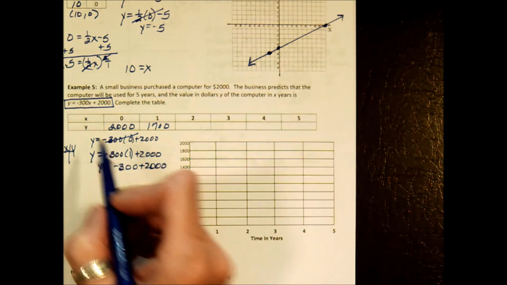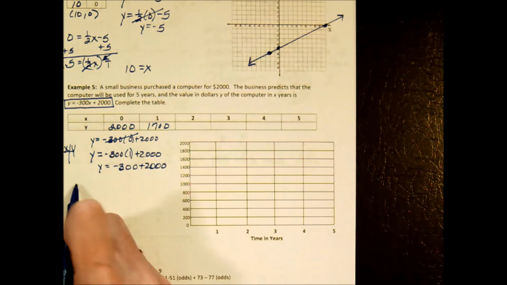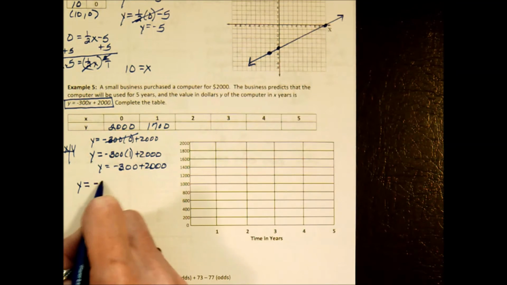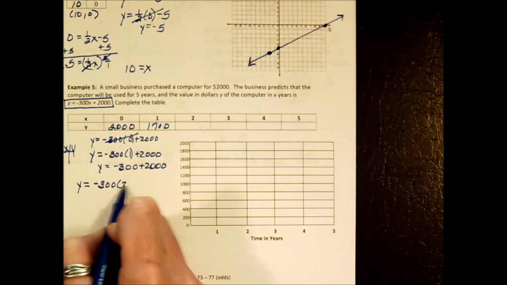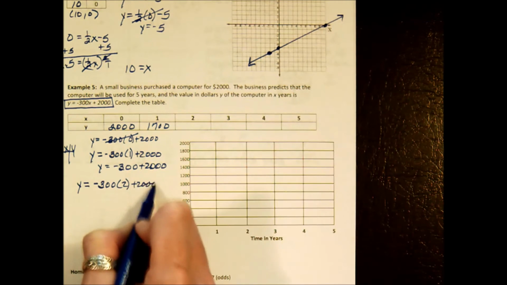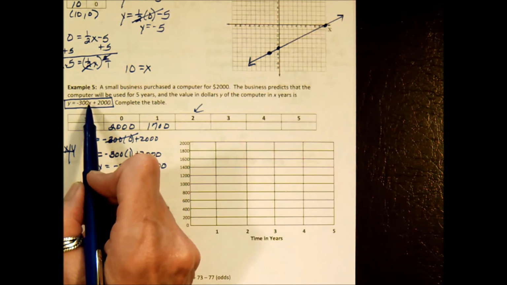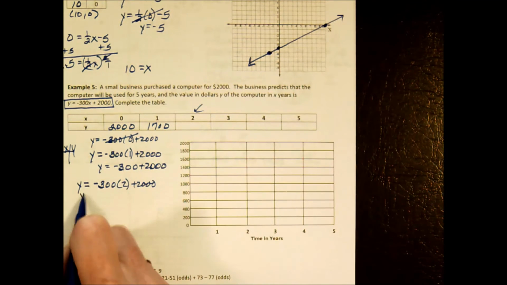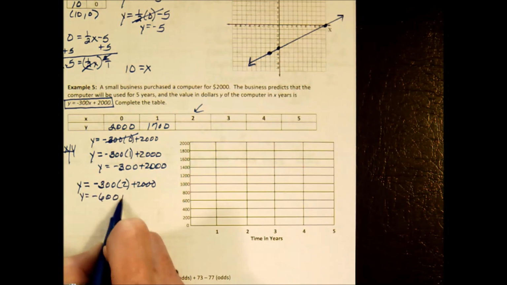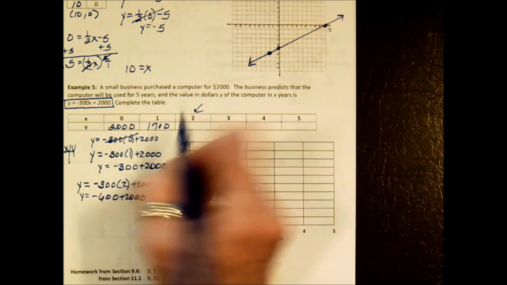Next, x is 2. Okay, y equals negative 300 times 2 plus 2,000. You see what I'm doing? Each time I'm putting the x value into the equation right there in the x spot. So y equals negative 600 plus 2,000, or y equals 1,400.